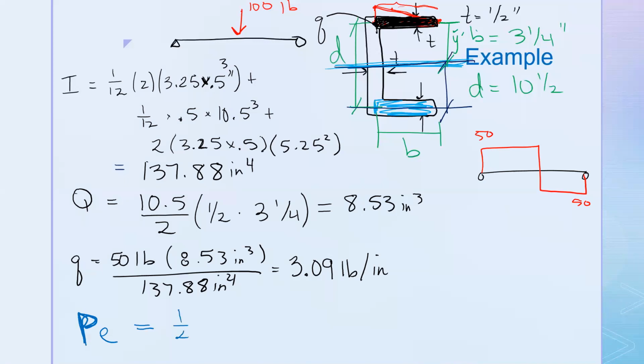It's going to be 1/2 times 3.09 pounds per inch times 3.25 inches. And now we need to multiply by d, because that's the distance between those two lines of action.